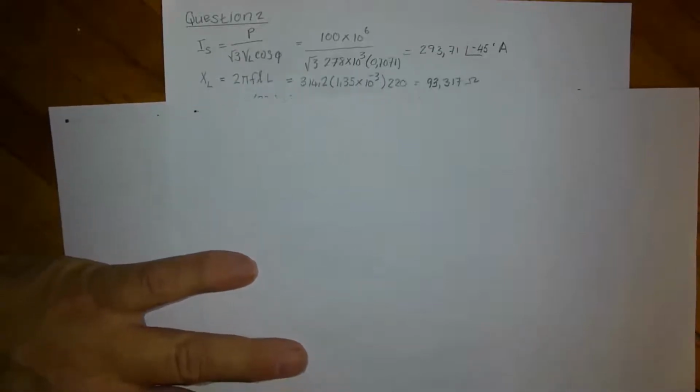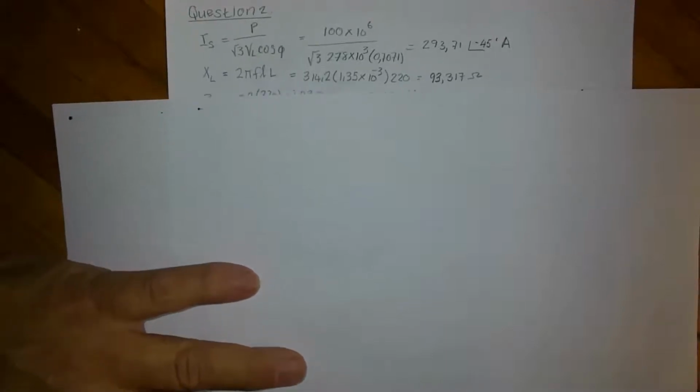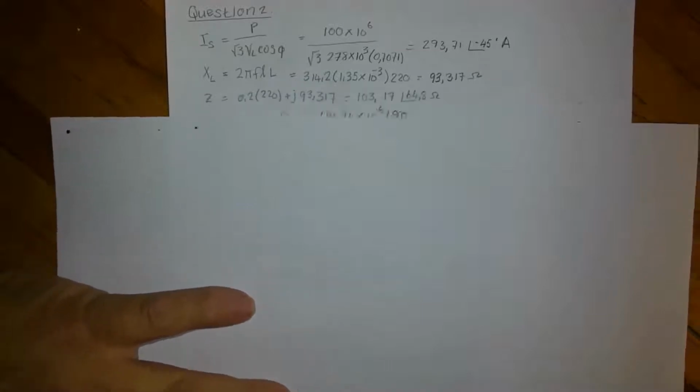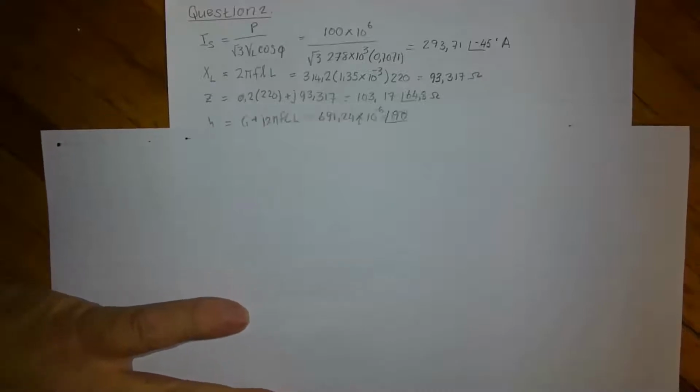XL is 2πFL, 314 times 1.35 times 10 to the minus 3 times 220 gives us 93.317 ohms. Then Z is 0.2 times 220 plus 93.317, which is 103.17 at an angle of 64.8.